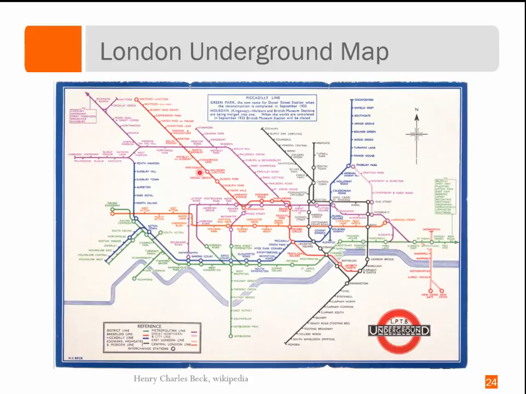Now this optimization is useful, and it helps riders basically use the train system. Now, a couple of things I want to highlight that this map is not designed for. So this is not a geographic map. So geographic proximity of these stations to each other is not accurate.